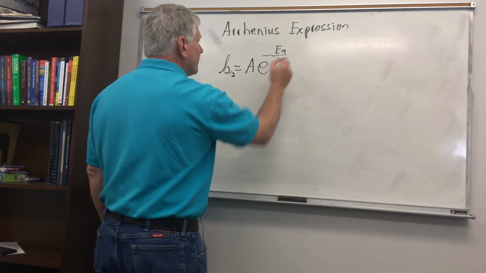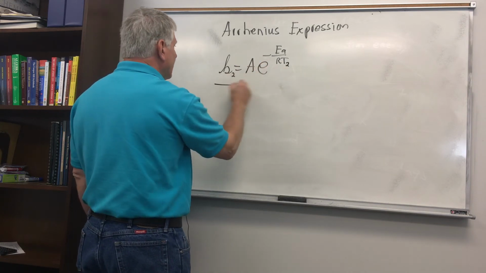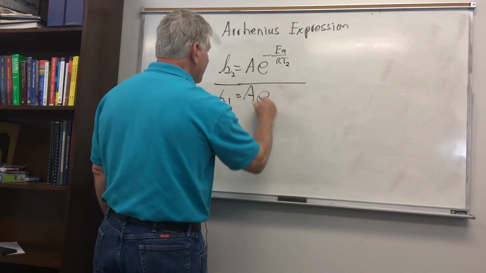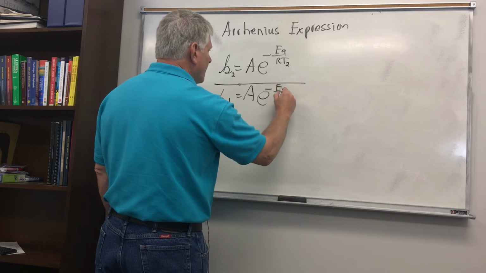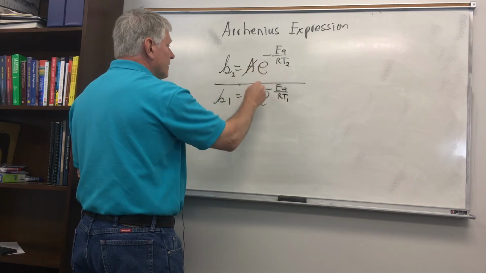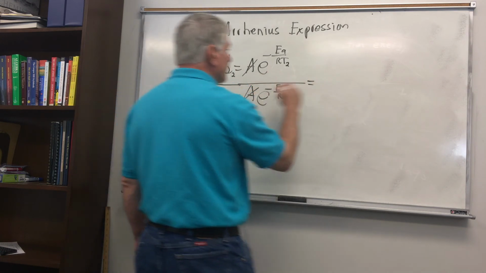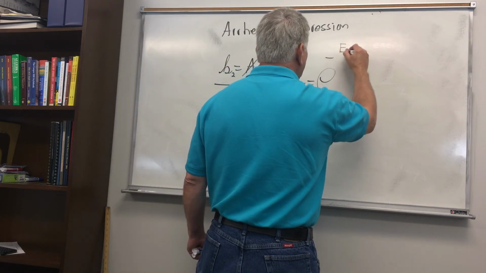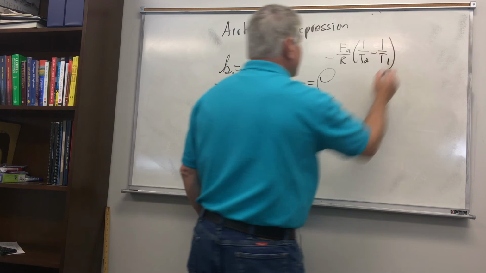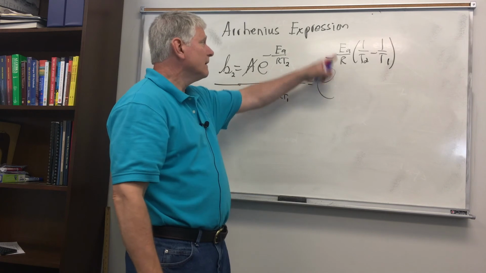Say I start at temperature 2, so I have the rate constant at temperature 2, and I divide by the rate constant at temperature 1. The frequency factor will cancel out, and if I combine the exponentials, I'll get this expression.